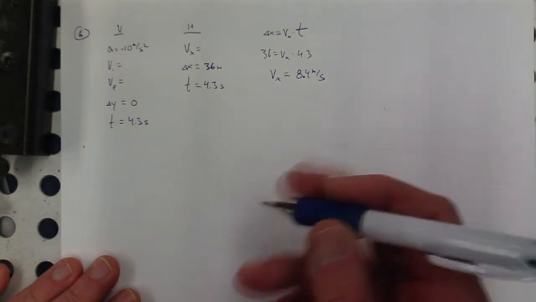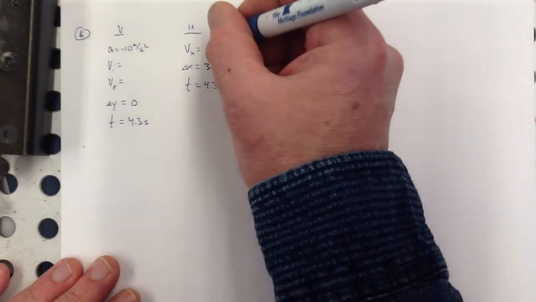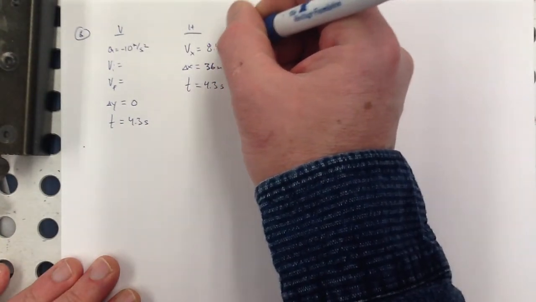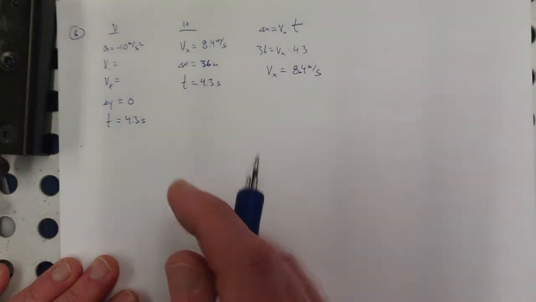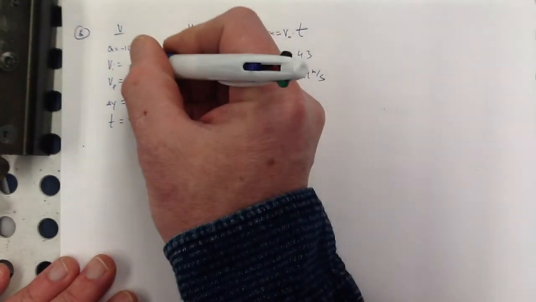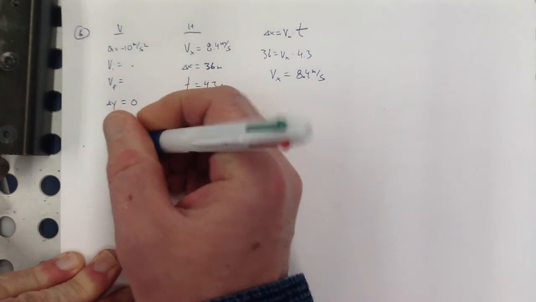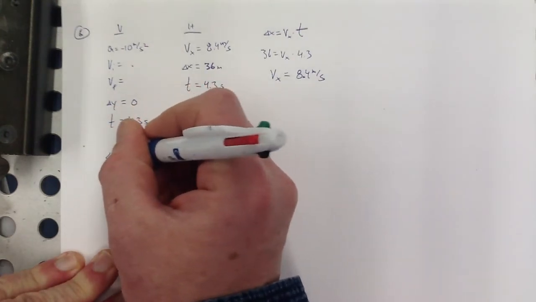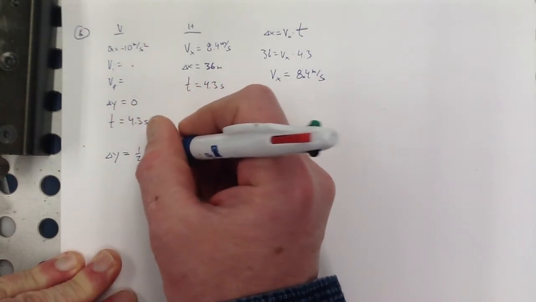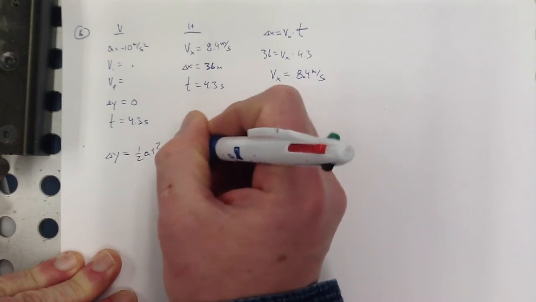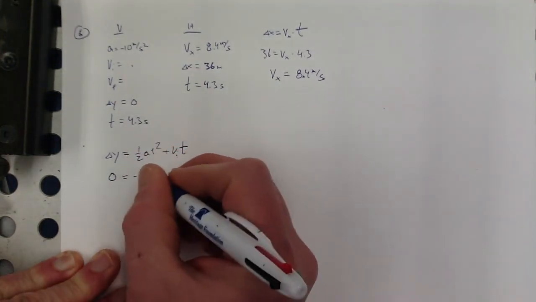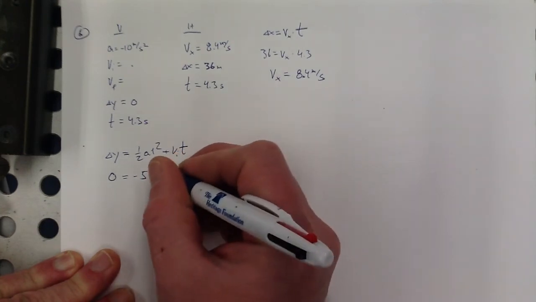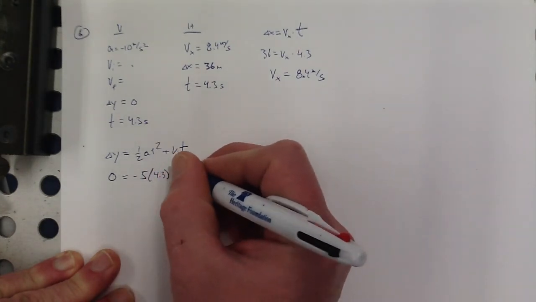And over here, with this information, I can find the VI. That's 0, I know what the T is, 4.3.